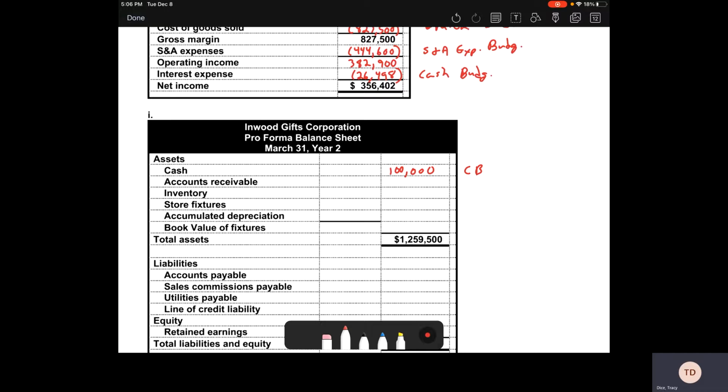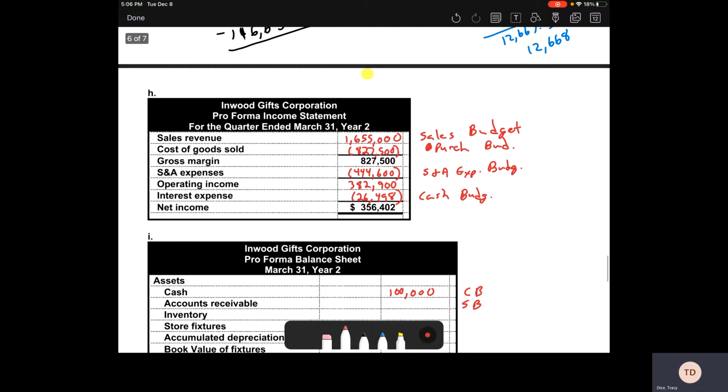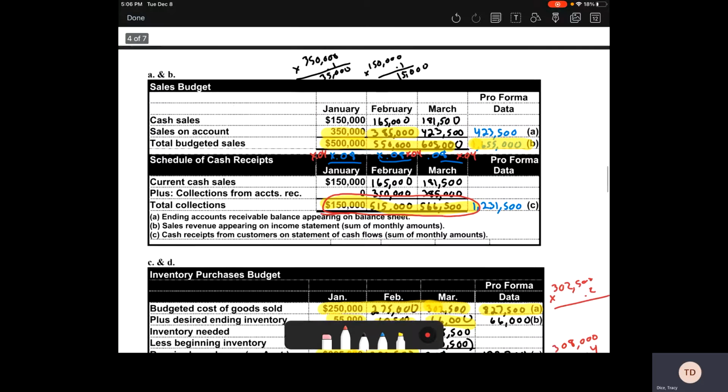Accounts receivable comes from our sales budget. So come way back up here. What's still on account? 423,500. So that's the amount we're going to put under accounts receivable in that balance sheet.